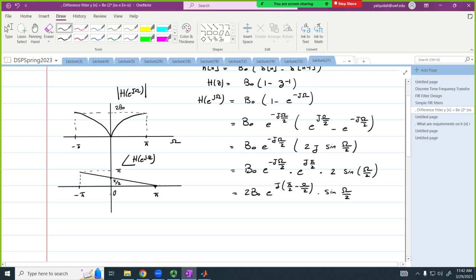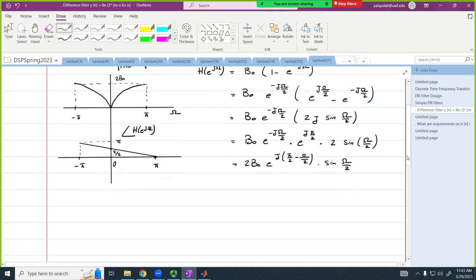Again, this has a linear phase. Any questions?